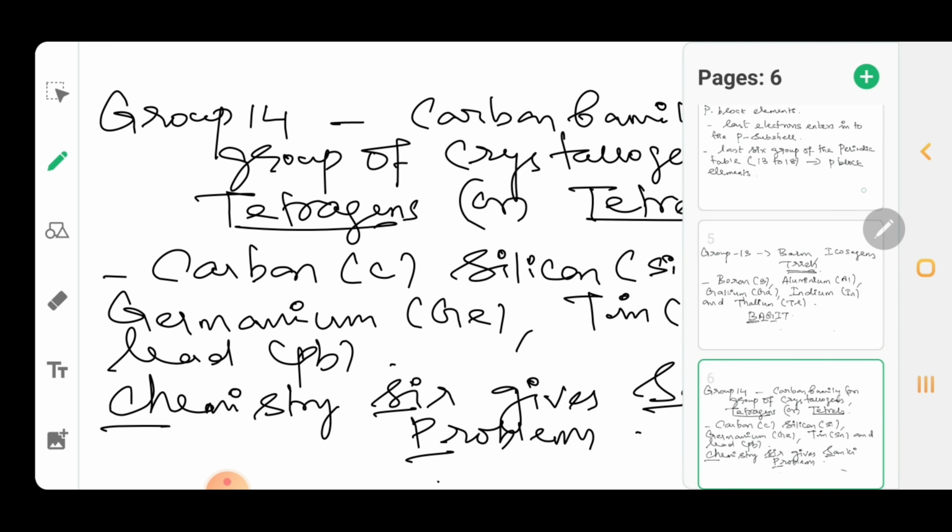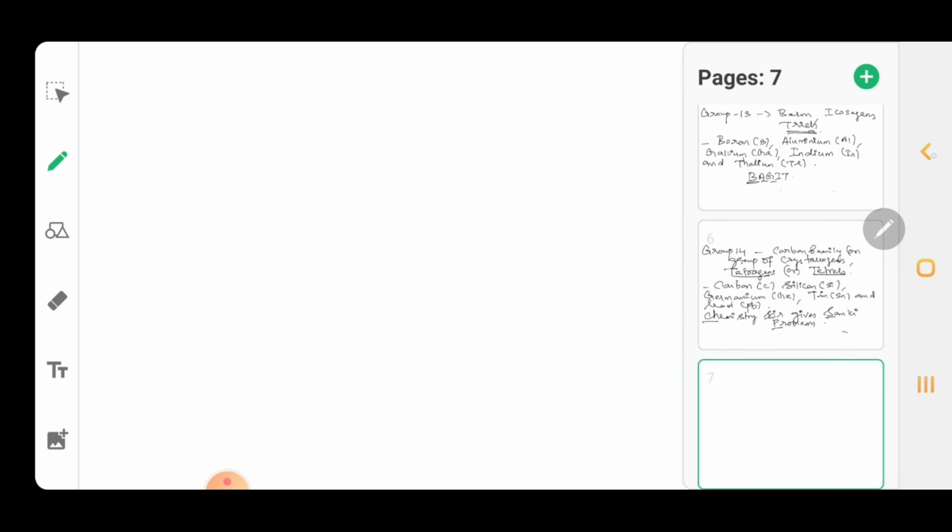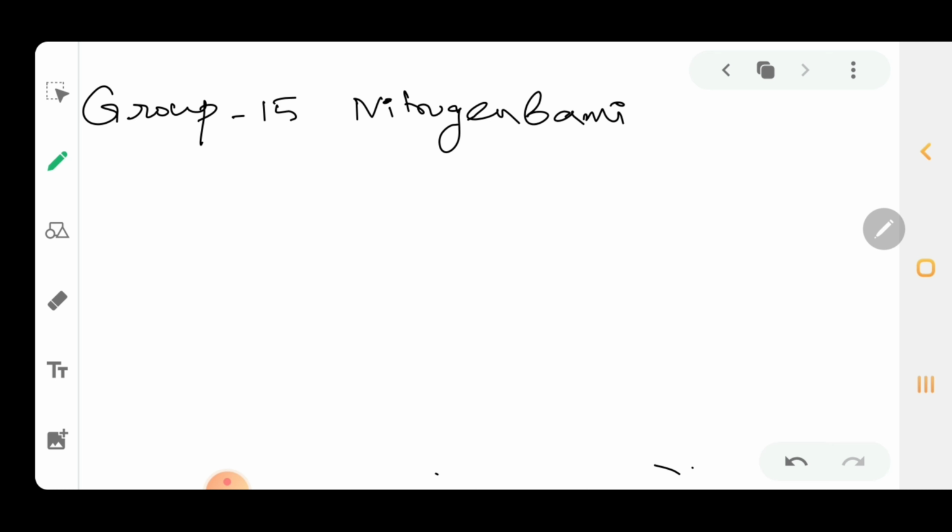Okay, we will be moving on to the next group, which is group 15. It is also called the nitrogen family, also known as pnictogens.